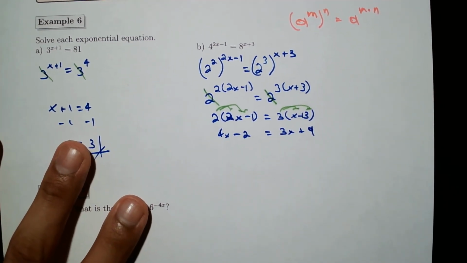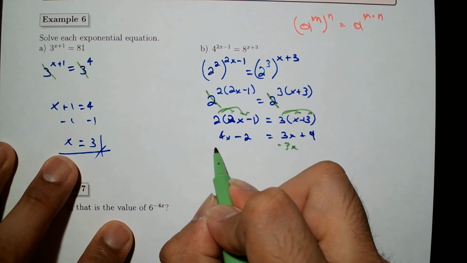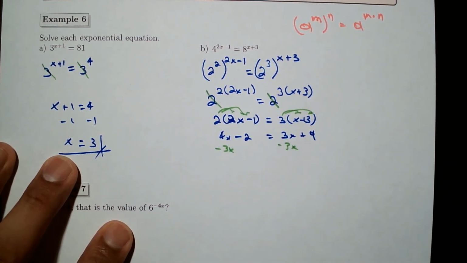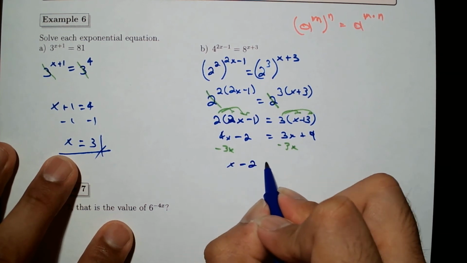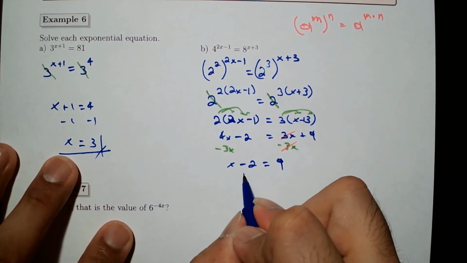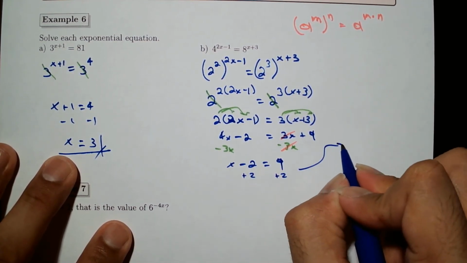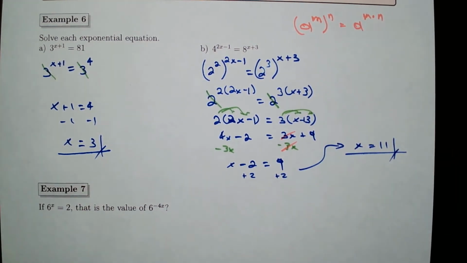And this is a first degree equation, a linear equation. Subtract 3x from both sides, and that's going to give us 4x minus 3x, that's x, minus 2 equals, cancel these guys right here, I get 9. And add 2 to both sides to get x equals 11.